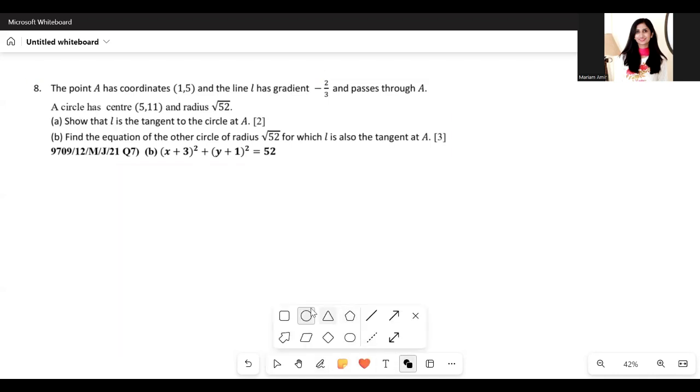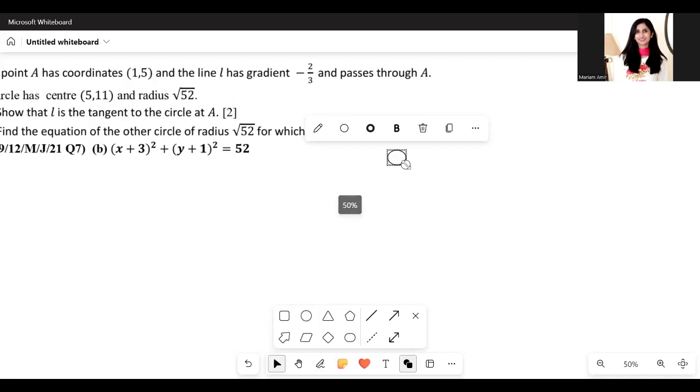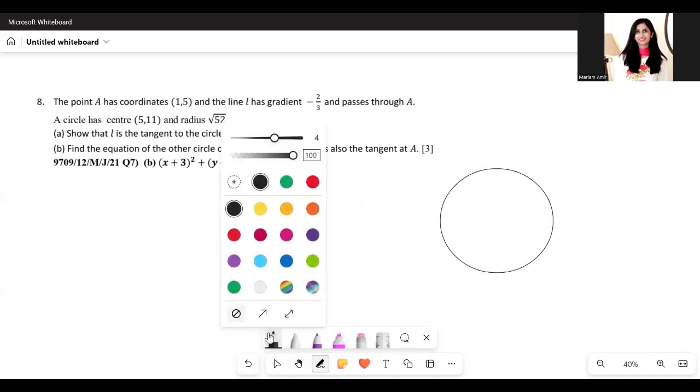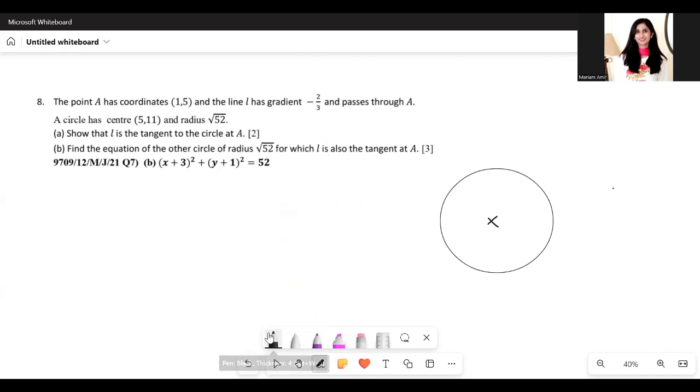So let's quickly draw the circle. There's the circle, and we're told that the center is (5, 11) and that its radius is square root of 52.